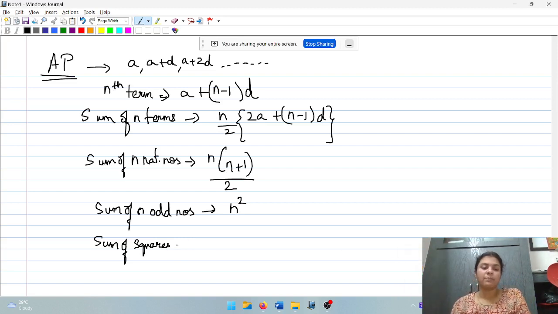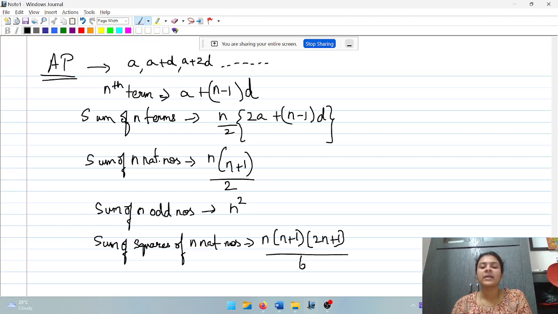So now sum of squares of n natural numbers is given as n into n plus 1 into 2n plus 1 divided by 6.